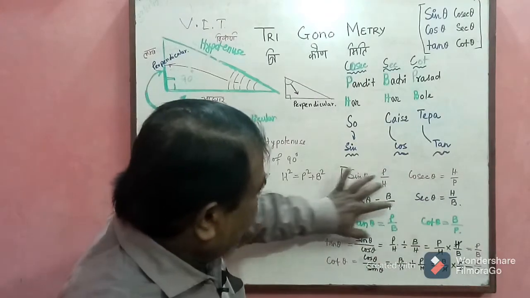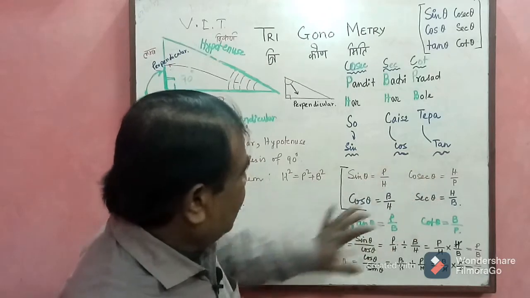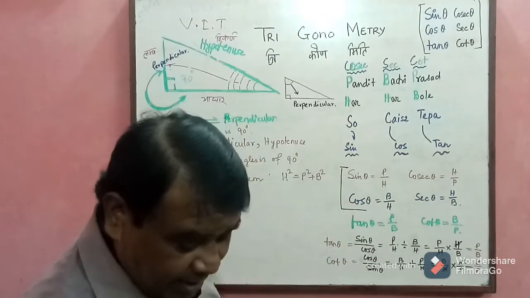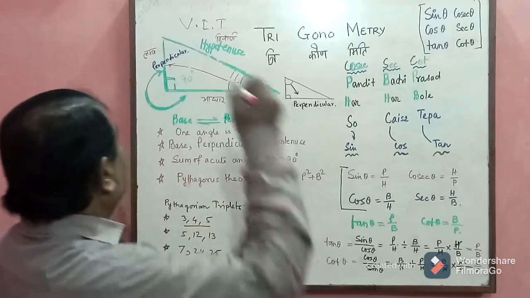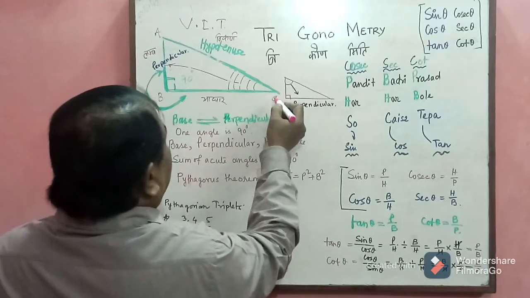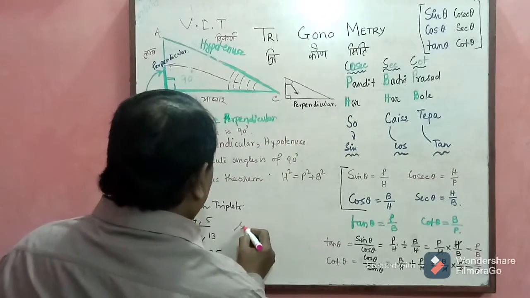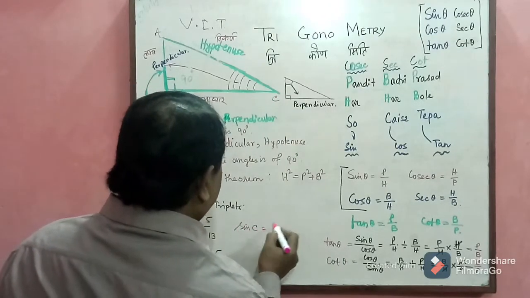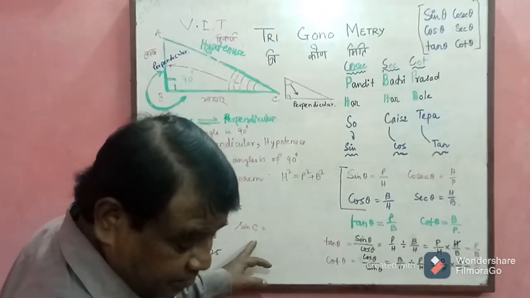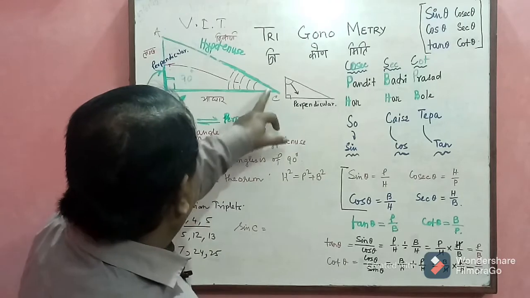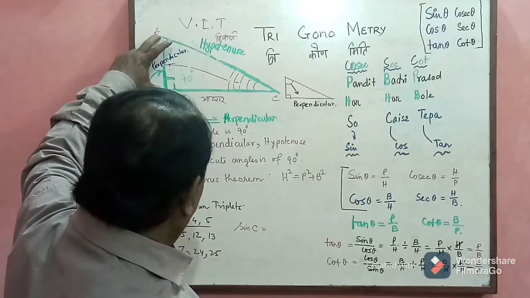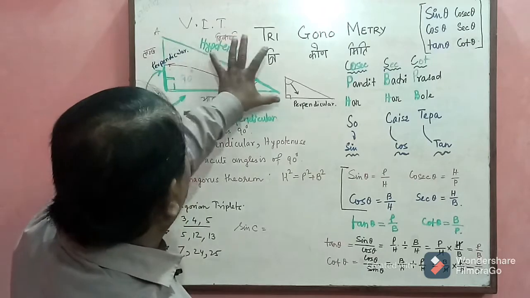Among these 6 ratios, if I consider this triangle ABC and say sin, if we are measuring angle C, then sin C will be the side opposite to C, which is the perpendicular AB, upon the hypotenuse AC.